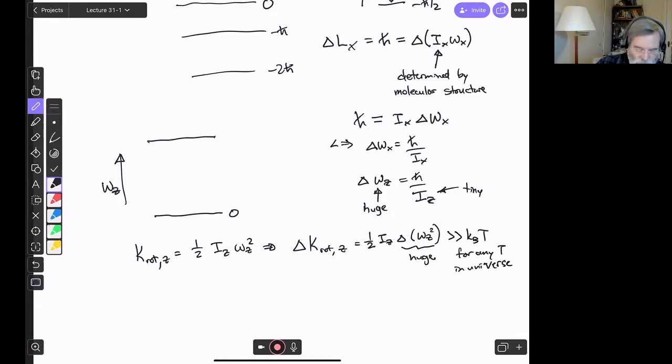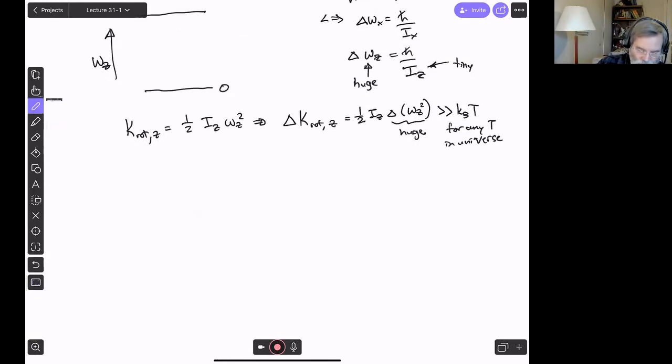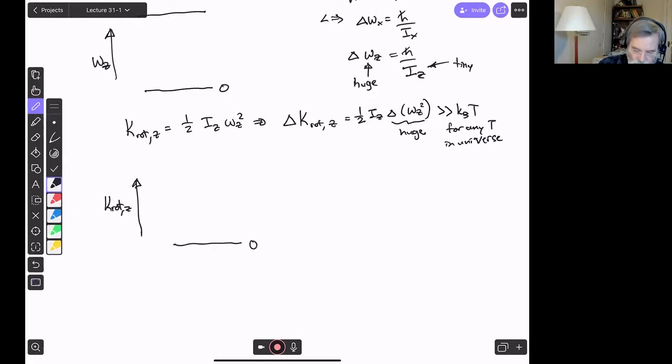So what that means is, if I make this plot where I'm plotting the energy for rotations about the z-axis, again, 0 is possible. There is some higher level here, and the highest temperature available in the universe is some tiny, tiny fraction of that.